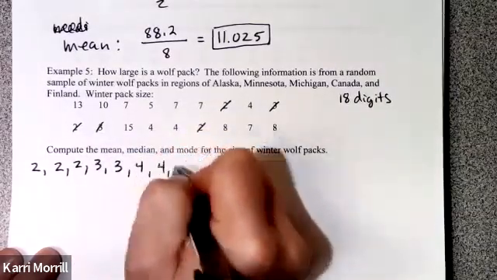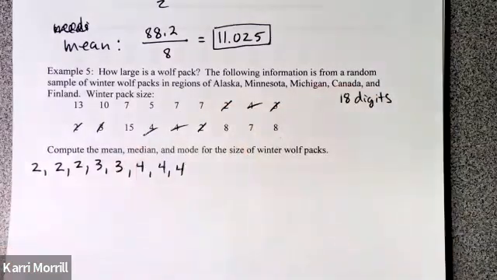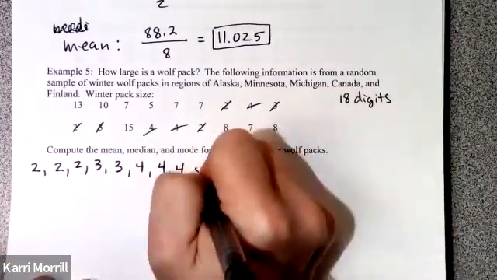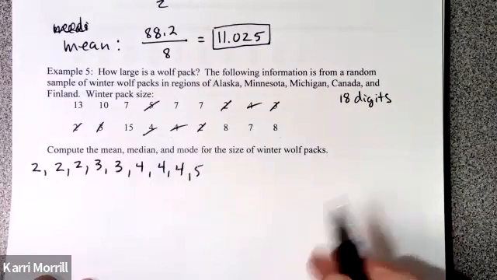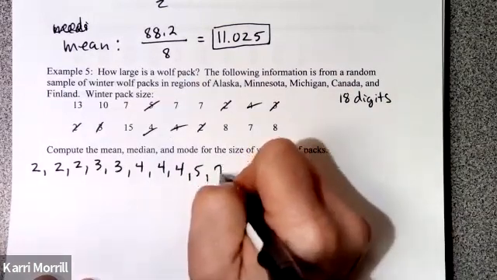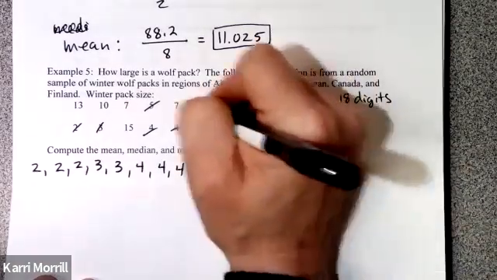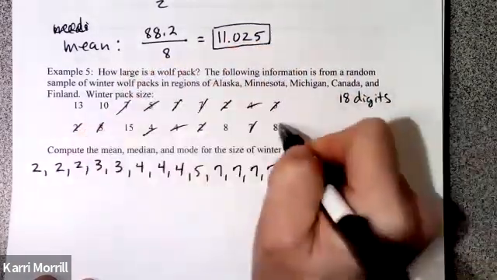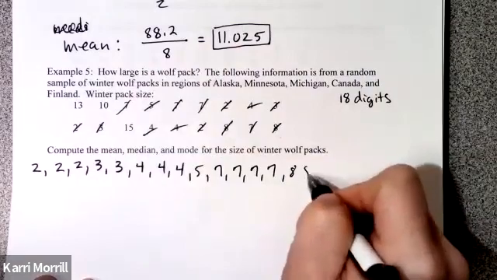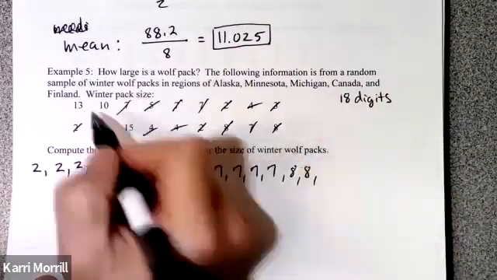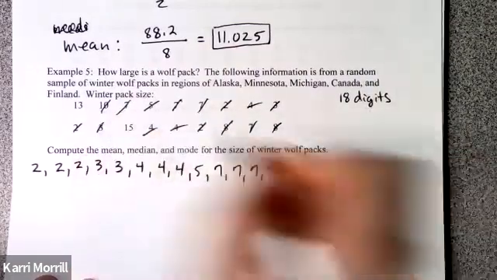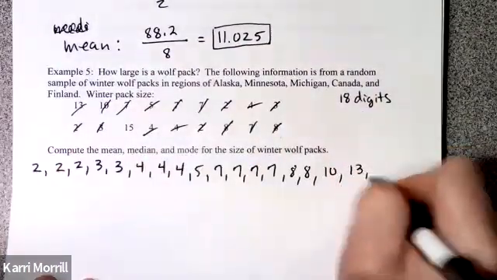And then we have a 5. I think we only have 1 5. We don't have a 6, but we have some 7s, maybe 4 of those. We have 2 8s. We have a 10, a 13, and a 15.